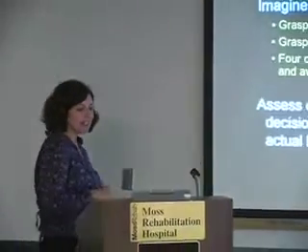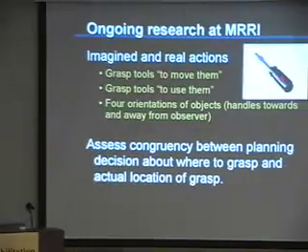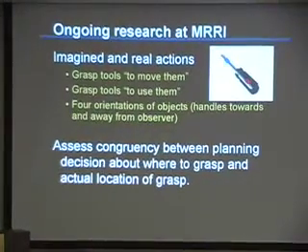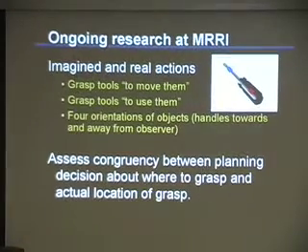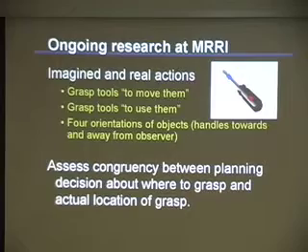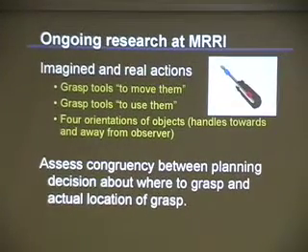So we're comparing imagined and real actions by presenting real tools with handles. These are all tools that have specific explicit handles and they're familiar, and we also have a control condition of some neutral objects. We're asking people to do two types of tasks: to grasp the tools to move them out of the way, and to grasp the tools to use them. These tools are presented in different orientations.